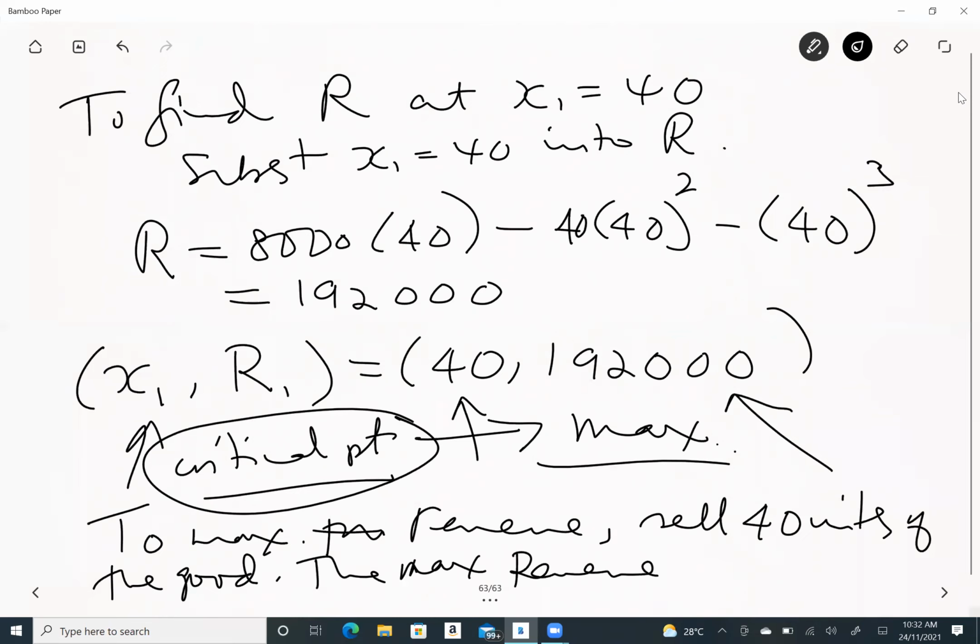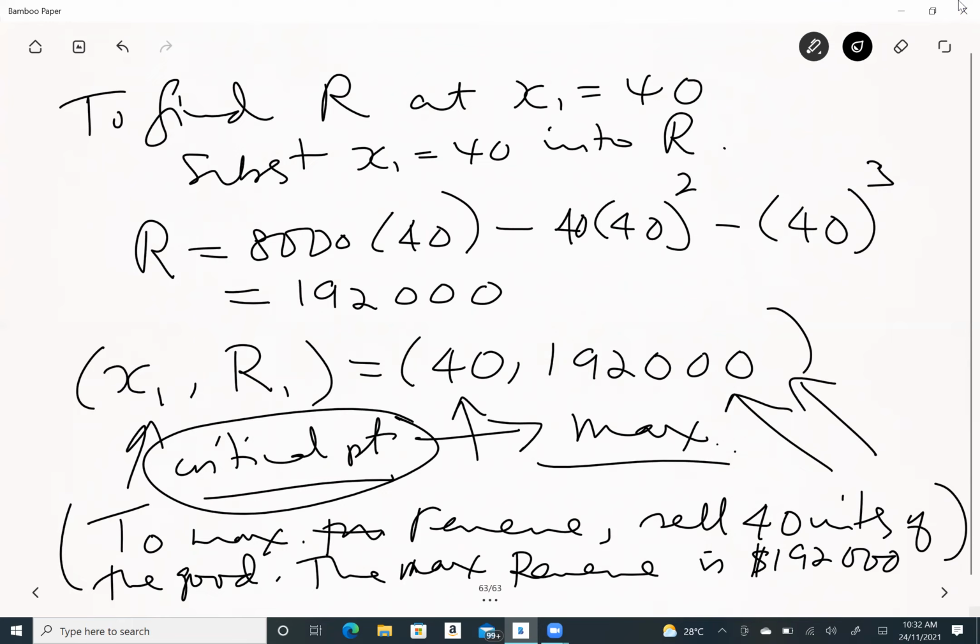The maximum revenue is $192,000. So that is the description of that point. So we don't have to worry about the negative value. Anyway, for the negative value you have a minimum. All right, so that's example number 1.